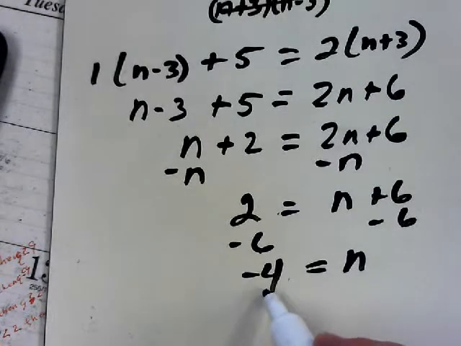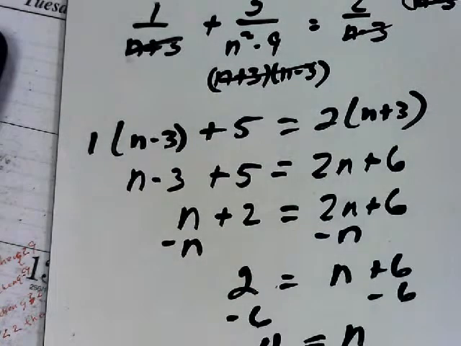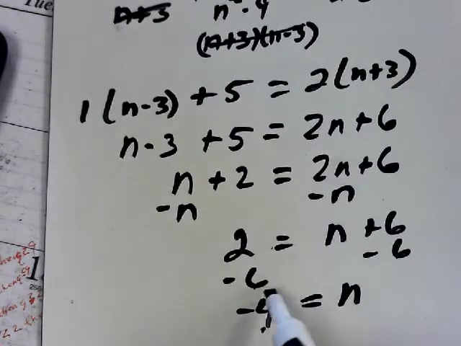Can I take this negative 4 and put it back into my original denominators and end up with something that isn't 0? Yep. So the negative 4 will work. Yay!